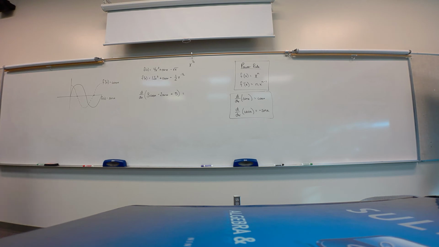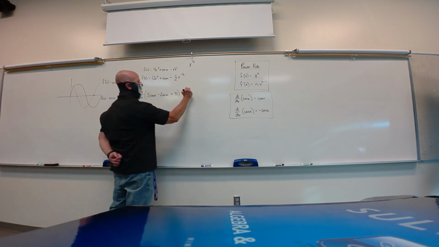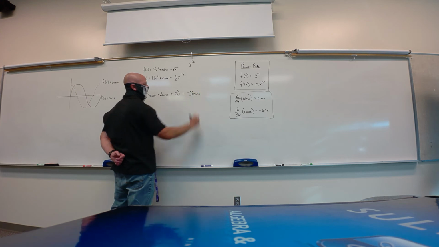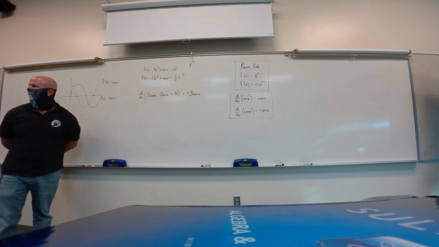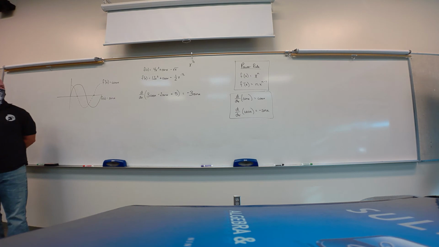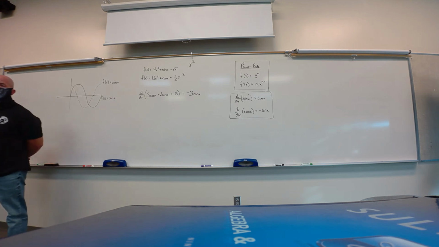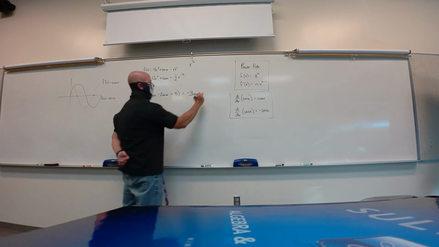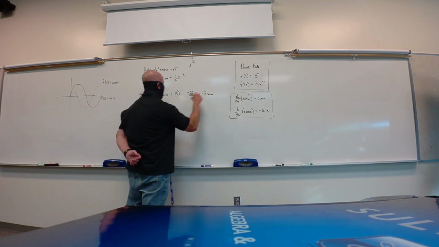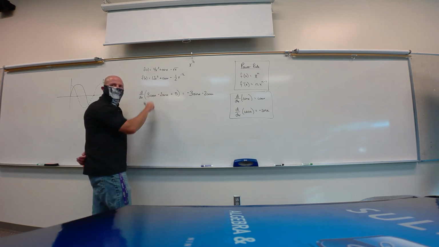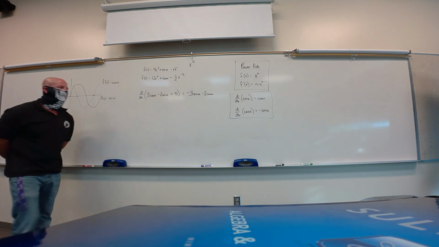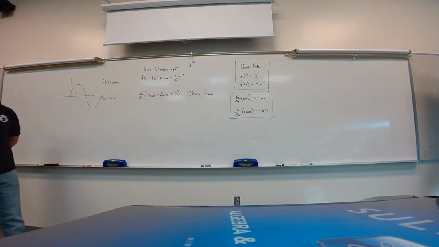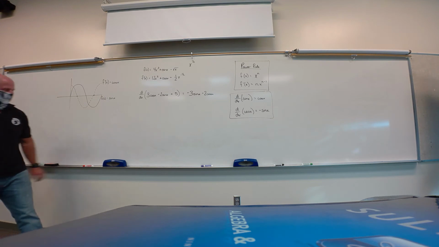Negative sine x. So that means this would be negative 3 sine x. The 3 coefficient is still just sitting there. And then the derivative of just a regular sine x would be cosine x. So this would be minus 2 cosine x, minus because it was already minus. Nothing changed there. And what's the derivative of 5? 0. Doesn't matter. Are you okay there? Okay.